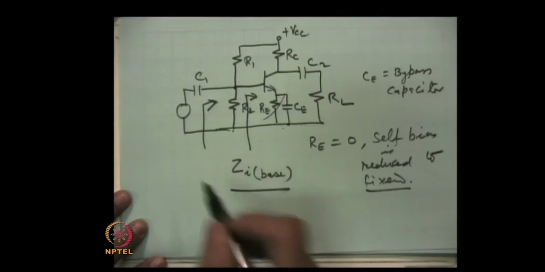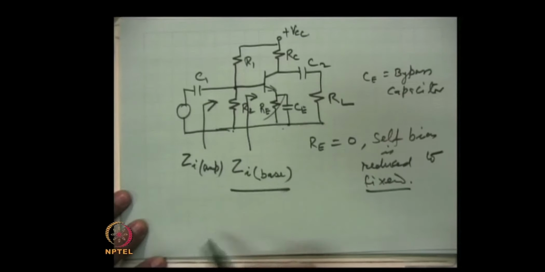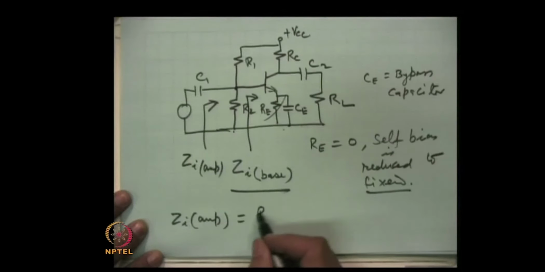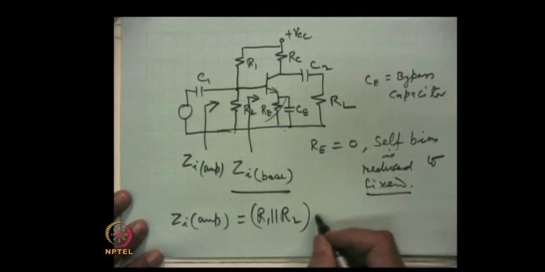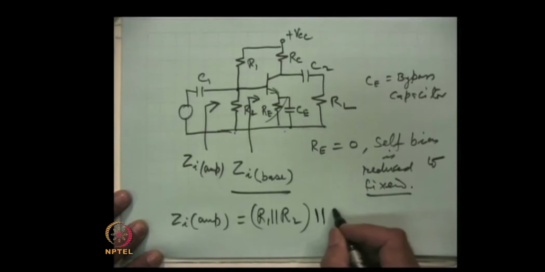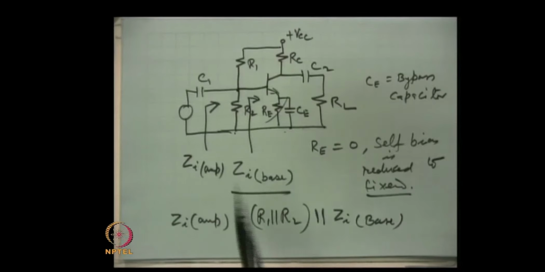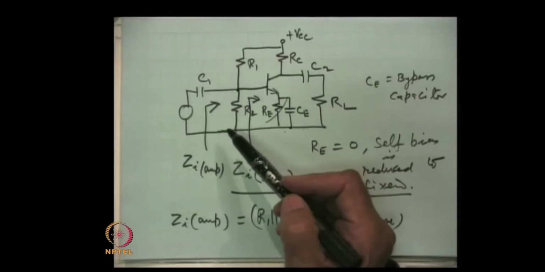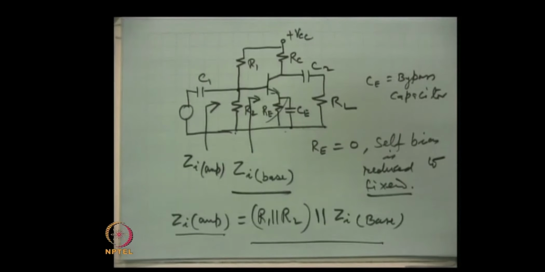So this is the input impedance of the amplifier, Z in amplifier, which is equal to R1 into R2, the effect of this, in parallel with Zi base. So there are two components of input impedance. One is looking into the base, where we do not take into account the effect of these resistances, but when we are finding the impedance for the amplifier, we can't neglect them, and that will be this.